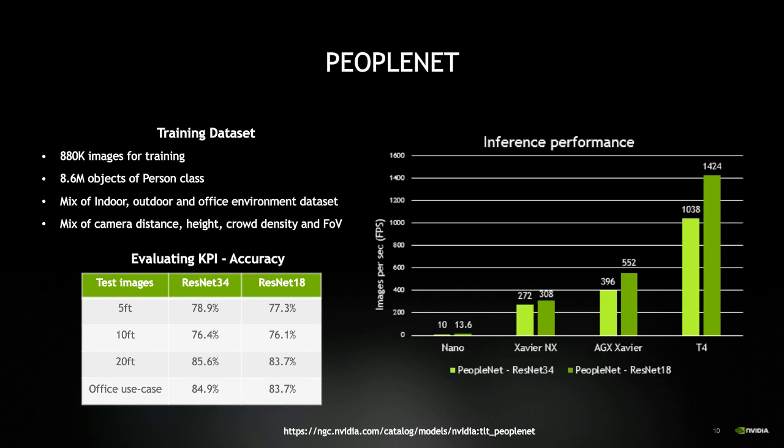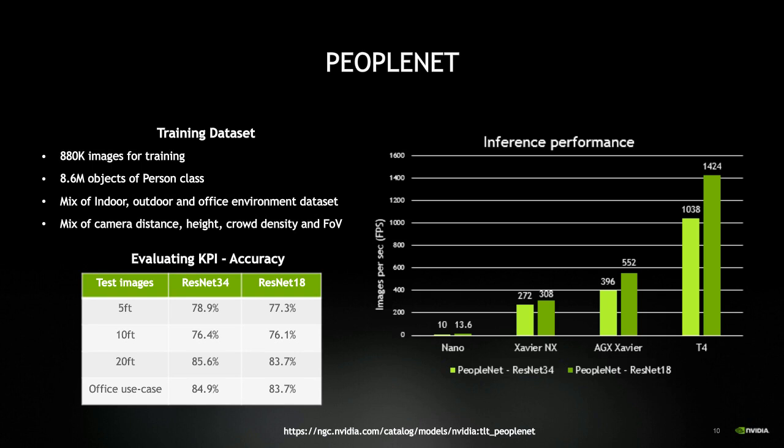We have released a ResNet 18 and a ResNet 34-based model. The evaluation KPI table shows the accuracy for both models at different distances from 5 feet to 20 feet, including the indoor office use case. In addition to the accuracy, this model is highly optimized for inference performance. The bar graph shows the inference performance of both models on Jetson Nano, Xavier NX, AGX Xavier, and T4.